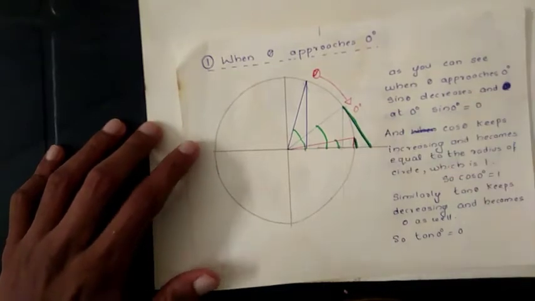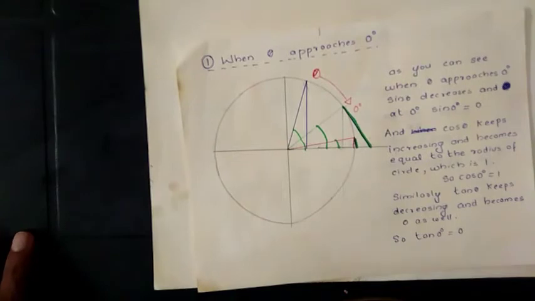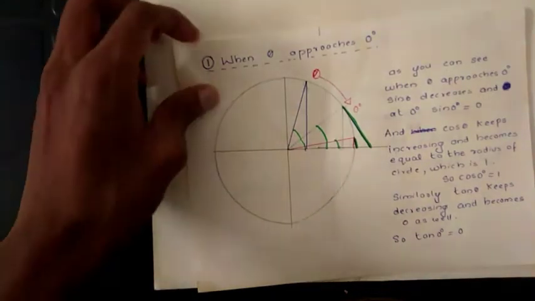So tan 0 degrees will be 0. That's why we say that sine 0 is 0, cos 0 is 1, and tan 0 is 0. We can also find tan 0 by sine 0 by cos 0, but it's much better if you know why tan 0 is 0.